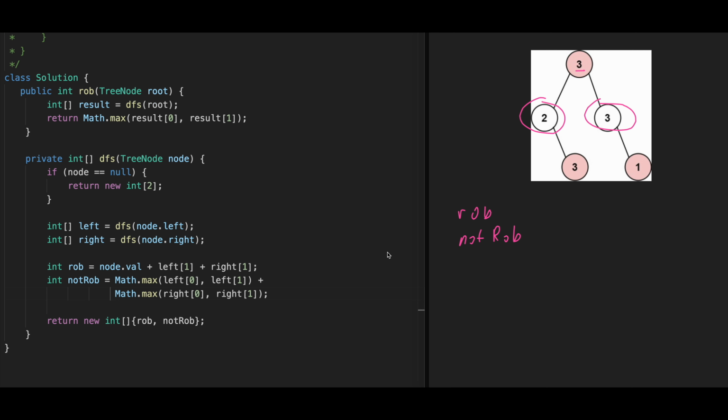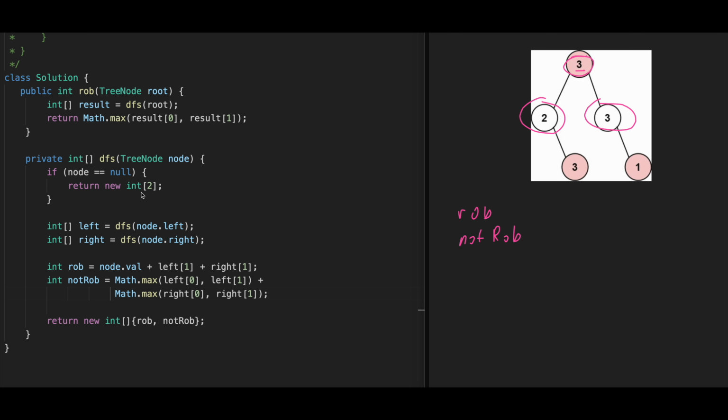Now for our root node, let's take the root node. If we are including 3 here, it means that we cannot take these values. We cannot rob left and right. So for that, we are including 1. For each case, we are returning an array with the size of 2.